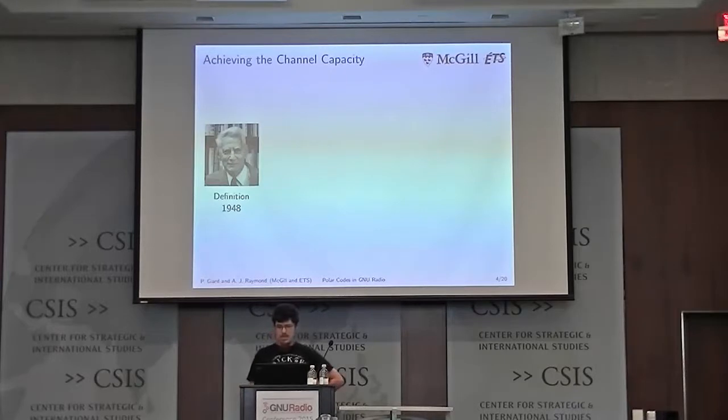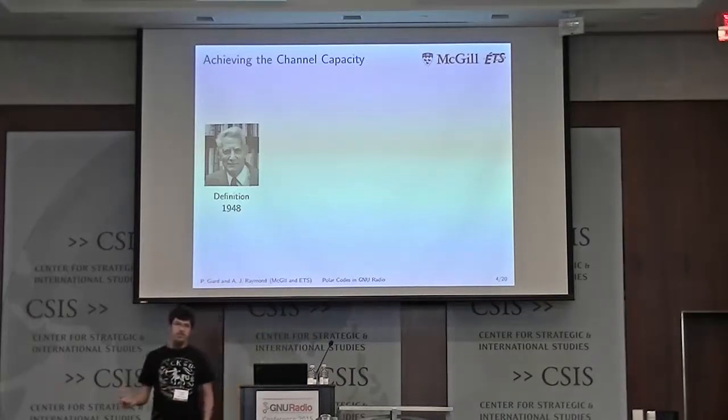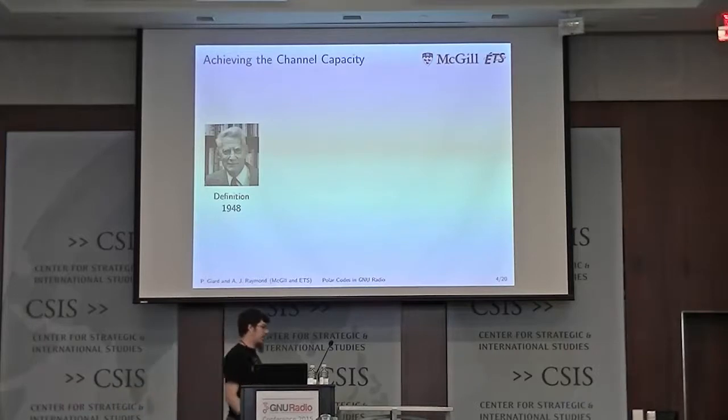Since 1948, we came out with error-correcting codes that try to achieve that channel capacity. Knowing the theoretical bounds is nice and all, but unfortunately, Claude Shannon didn't tell us how to get there. So we tried to come up with schemes that were able to get as close as possible.